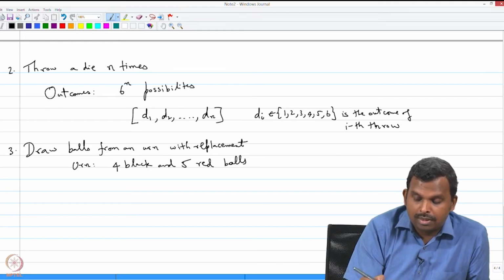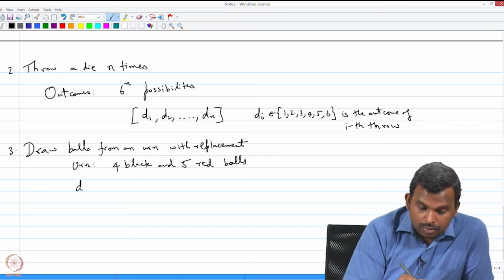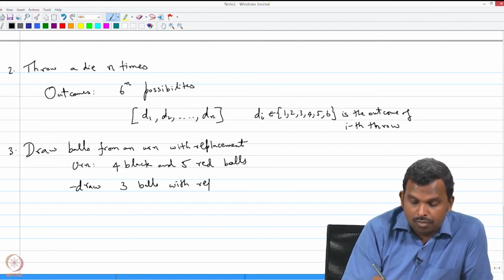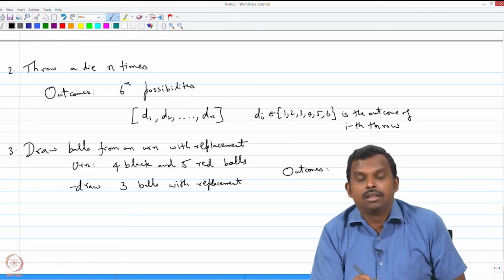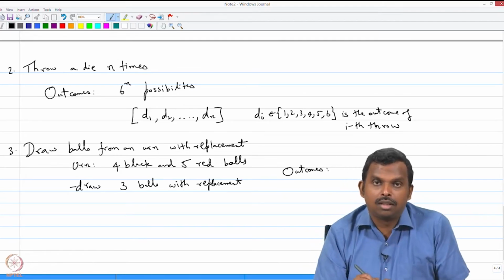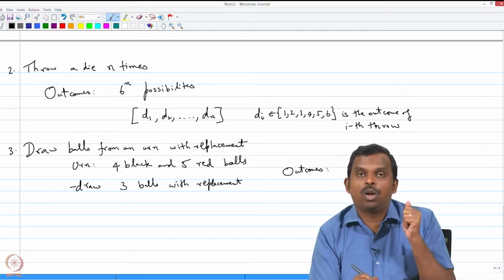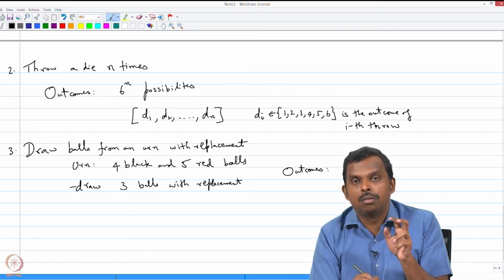Just 2 colors this time, not 3 like the previous example, and I am going to draw 3 balls with replacement. What are the possible outcomes? How many possible outcomes are there? In the first draw, I can have 2 possibilities, it could be either black or red. In the second draw, again 2 possibilities, black or red. Third draw also there are 2 possibilities, black and red.